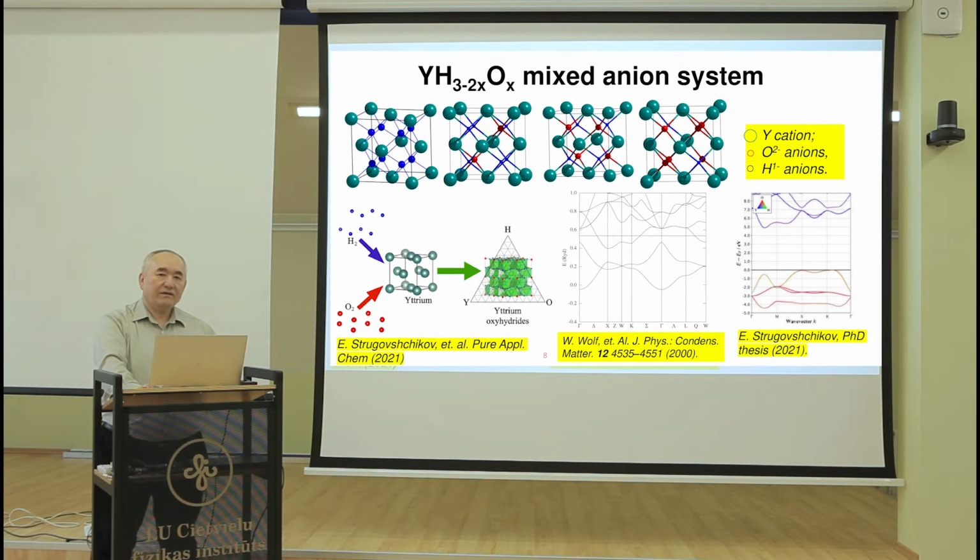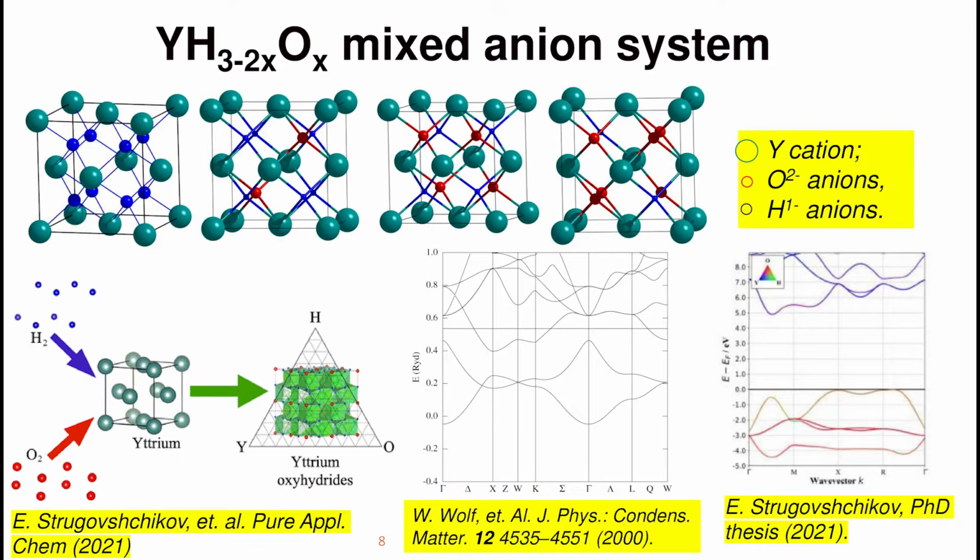Another example of photochromic coatings is yttrium oxyhydride. In fact, there are many types of oxyhydrides based on rare earth metals, including gadolinium oxyhydride, dysprosium oxyhydride, and so forth. There are many such examples today.